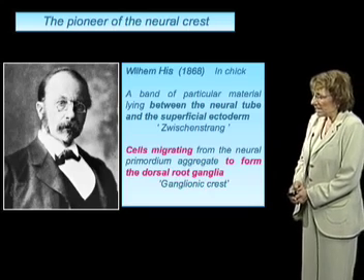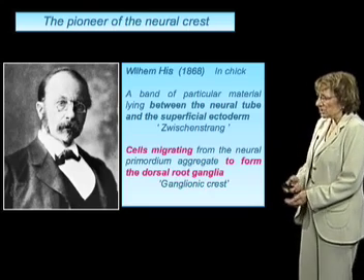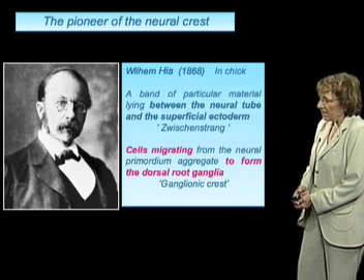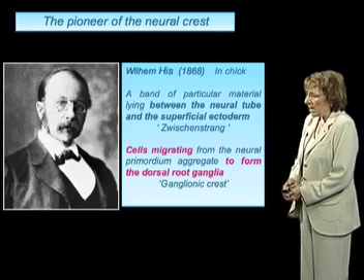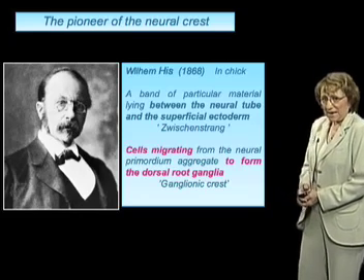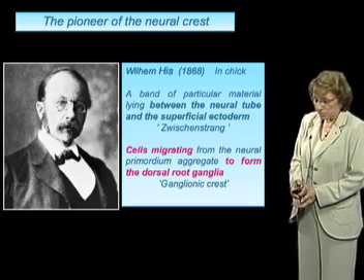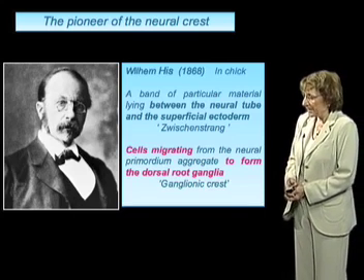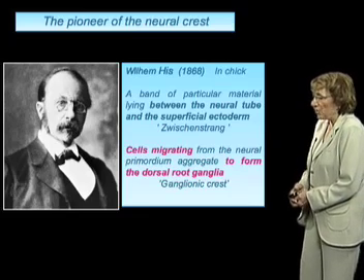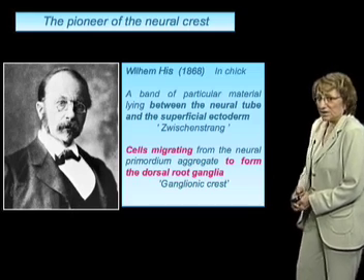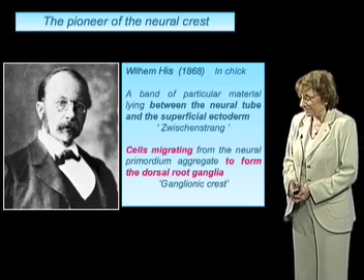And after a while, he saw that the cells which constituted this structure were moving away from the neural primordium and were aggregating laterally to form the dorsal root ganglia. This is why the first name that he attributed to this structure was the ganglionic crest.